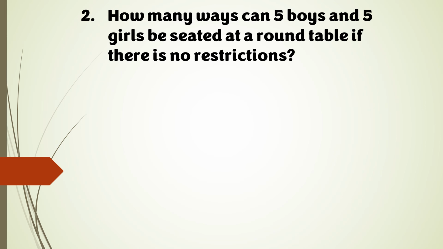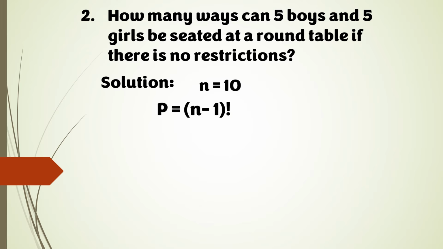Next, example number 2. How many ways can 5 boys and 5 girls be seated at the round table if there are no restrictions? So first, we're going to determine the value of n. Since we have 5 boys and 5 girls, therefore the value of n is 10. And since there is no restriction, we can use the formula P equals the quantity of n minus 1 factorial.